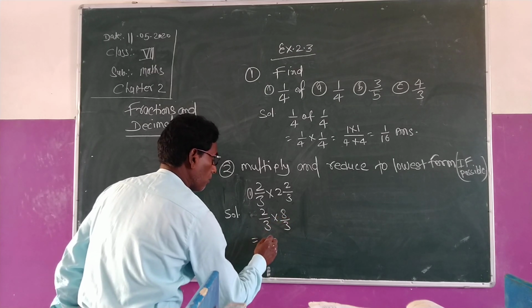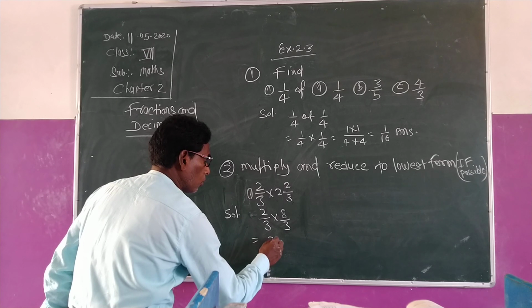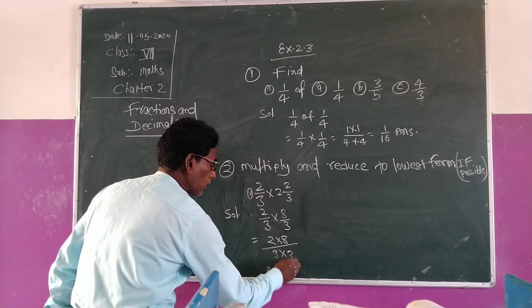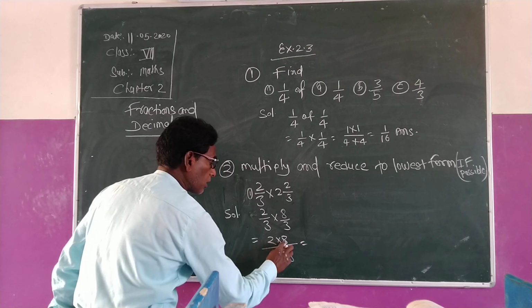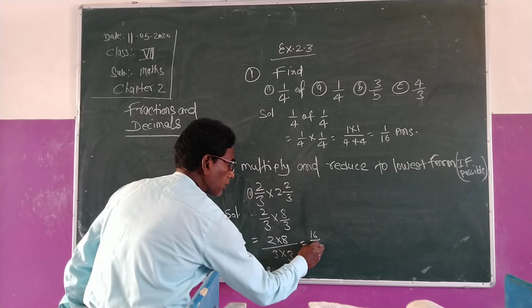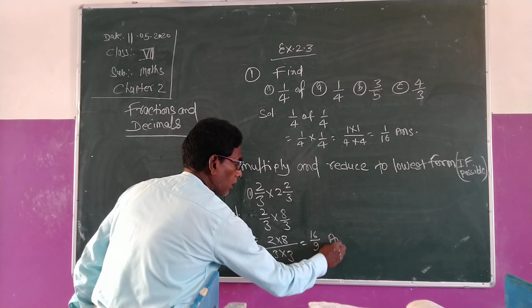You will find the product: 2 into 8, 16; 3 into 3, 9. 16/9 is the answer.